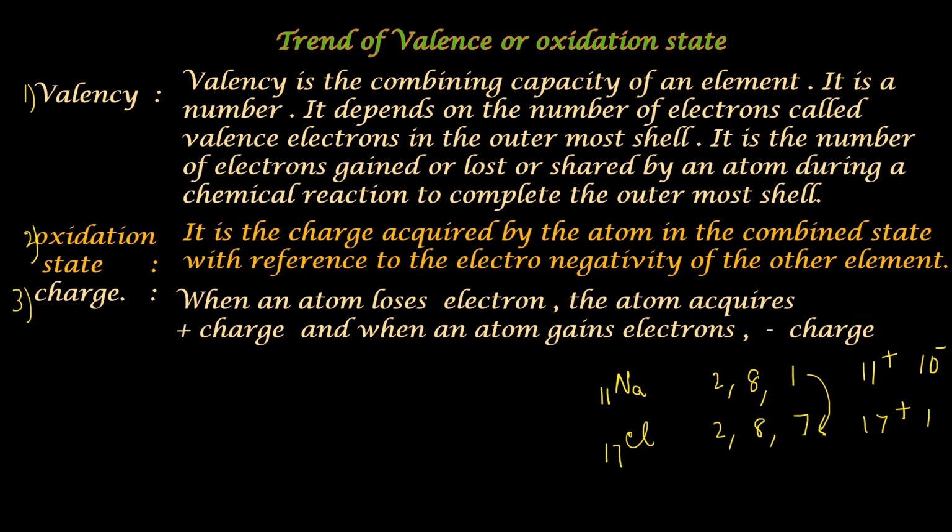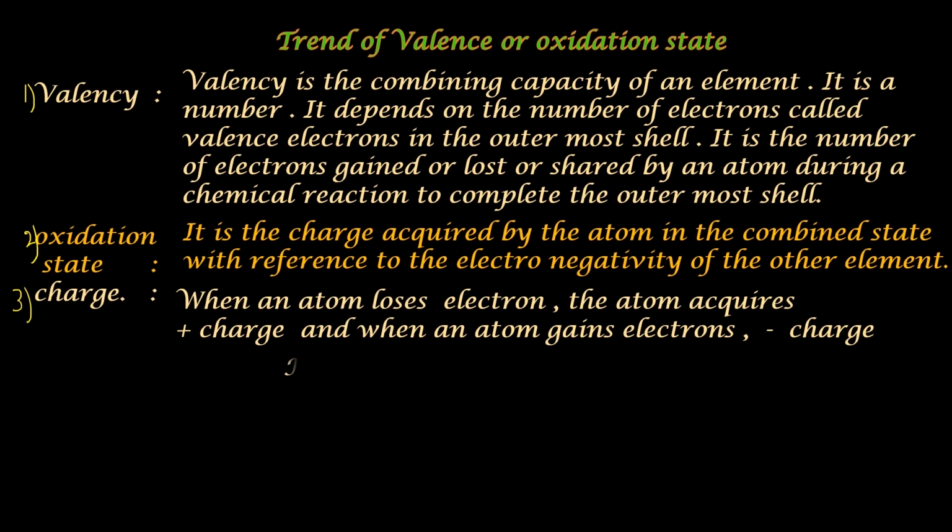In the case of chlorine, it gains one electron and its total number of negative charges become 18. The number of protons remain the same, that is equal to 17. So chlorine has one electron in excess, that is it develops a negative charge. So sodium has one positive charge and chlorine has one negative charge. While representing, this one is omitted. If it is more than one, it has to be specified.